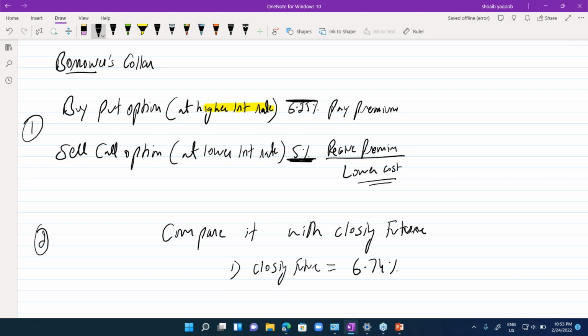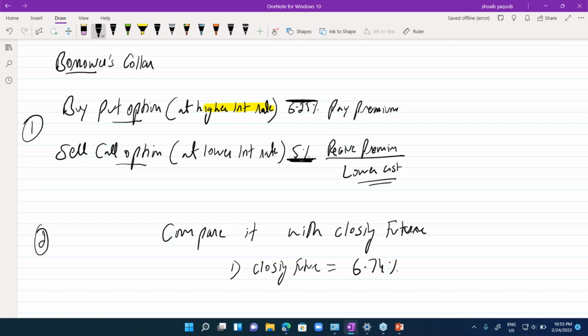So always compare the collar with the closing future, not the market interest rate, because the option will always be on the future. So that's why compare the collar with the closing future. Mark my word somewhere.